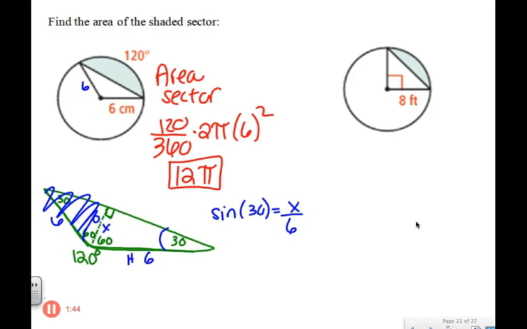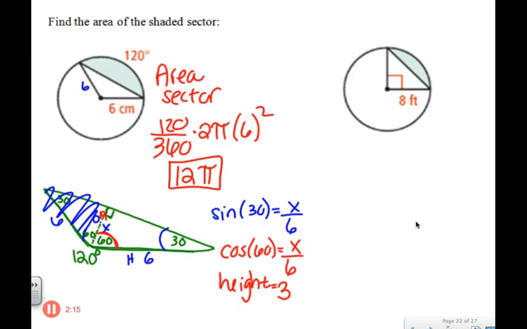The other way that will get us the same answer is if I now stand here, x is adjacent, and the 6 is still the hypotenuse. So I could do cosine of 60 equals the adjacent side over the hypotenuse. Both of them are going to give you the same answer. So you're going to get that the height is going to be 3. If you cross multiply those, you should get 3.